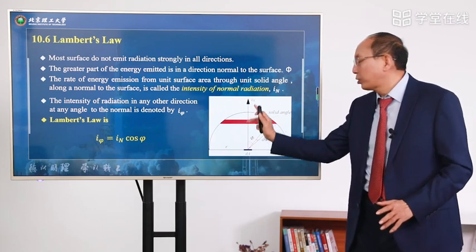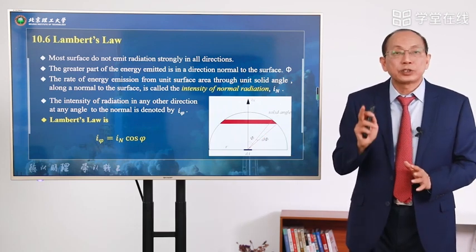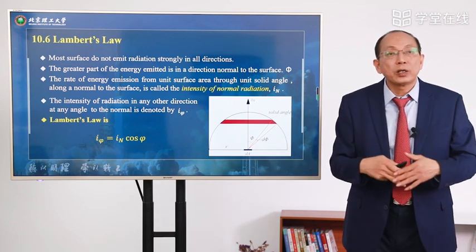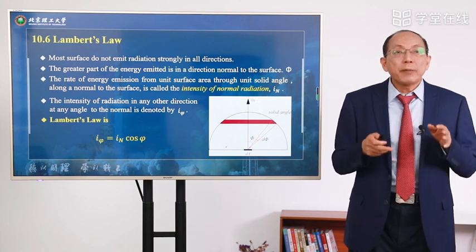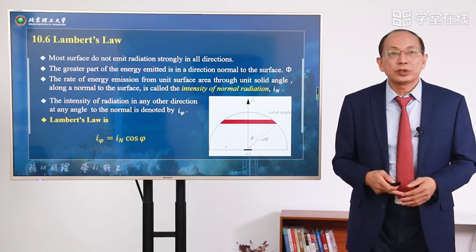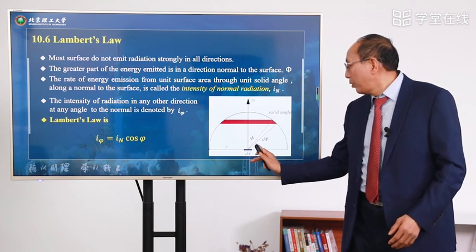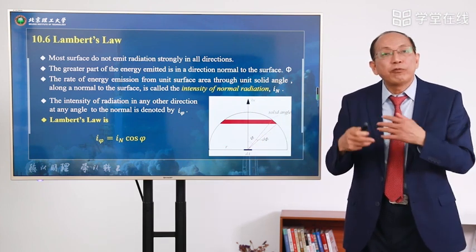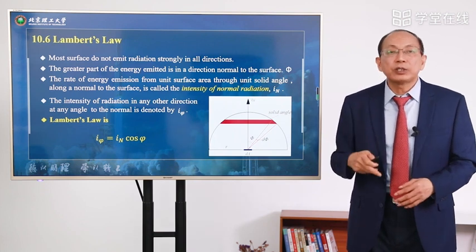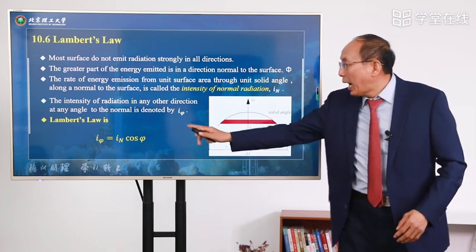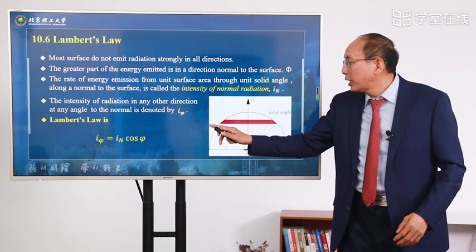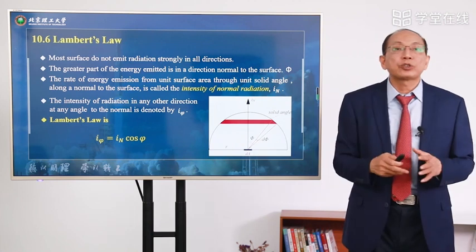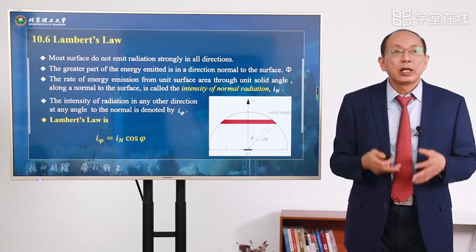In the normal direction, the intensity is biggest, but in this direction, it certainly becomes smaller. Here, Lambert's law tells us in this direction the intensity, if we use I phi to express it, equals I n times cosine phi. Phi is the angle. This equation we can call Lambert's law.